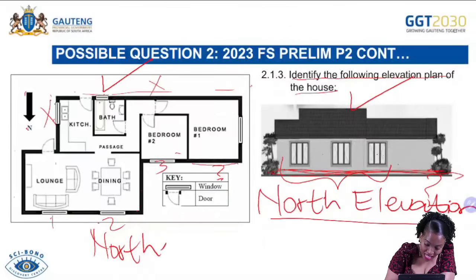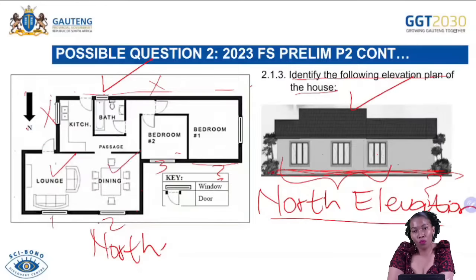So if you were to decide on this floor plan which rooms would be warm in the winter, it will be the lounge and the dining room. Or they can even phrase it to say which room would it be best for you to spend the day in if it was winter. Obviously, if it's winter, you are looking for a room that is warmer. So you'll focus on the rooms that are facing north, which is your lounge and your dining room.